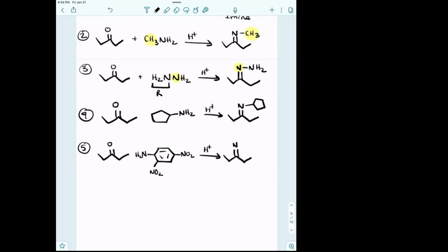So we have double bond N attached to the ring. We have NO2 here and NO2 here. It's helpful if you number it. Like this is 1, 2, 3, 4, 5, 6. So there's the nitrogen, 1, 2, 3, 4, 5, 6. So there has to be an NO2 at the 2 spot and at the 4 spot.